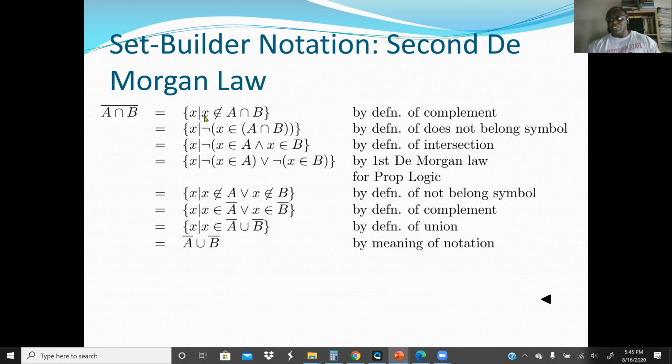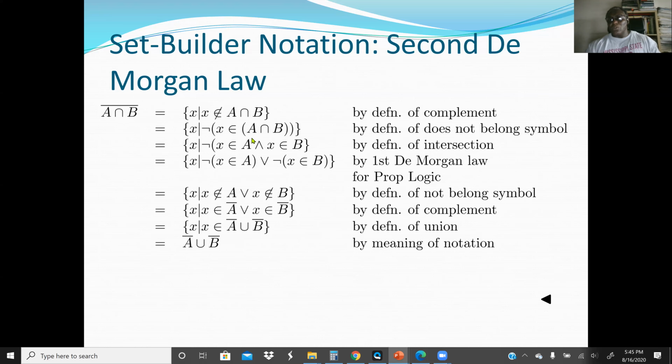So it's the same as writing the element S doesn't belong to A intersect B. Then we can change not belongs to invert. Then we say S belongs to A intersect B invert. This section and the next line are the same. Instead of saying not belong, we say belong, but invert the belong.